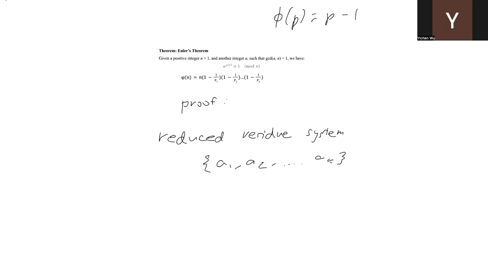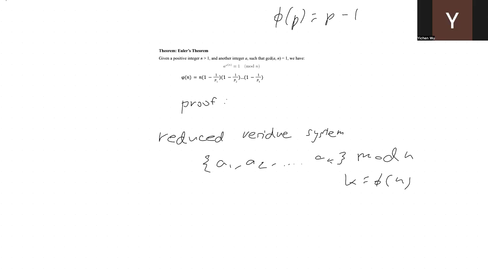So for the proof of Euler's theorem, we can let this right here be a reduced residue system mod n. And this has k equals phi of n terms, because that's just the definition of phi.